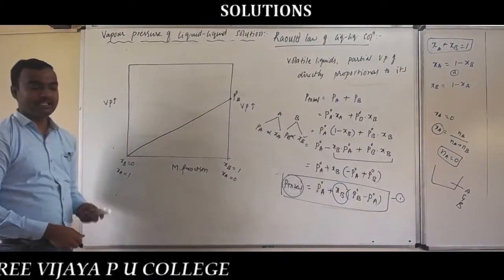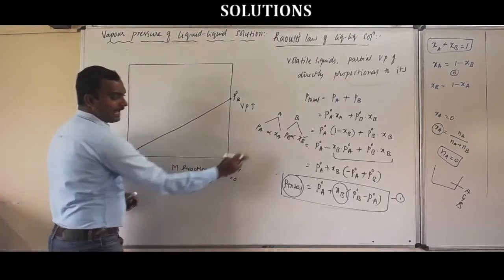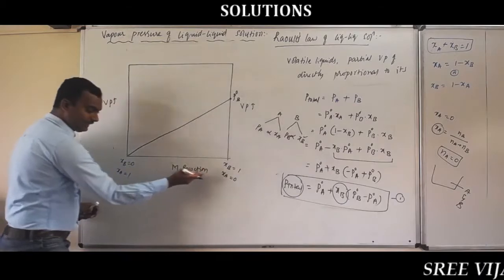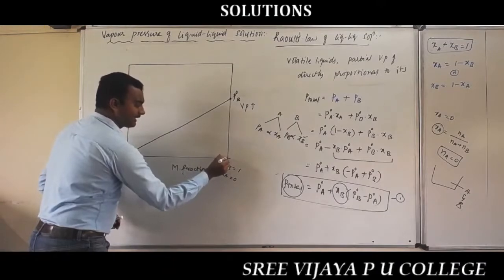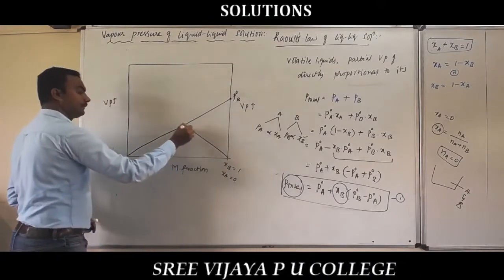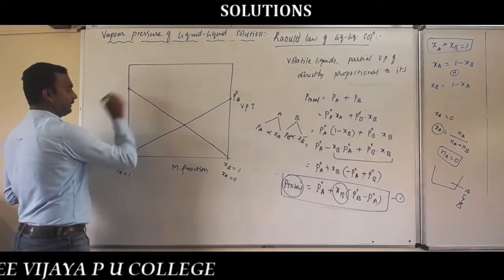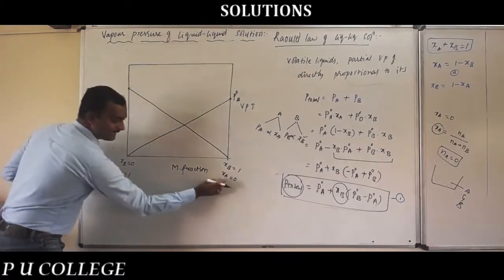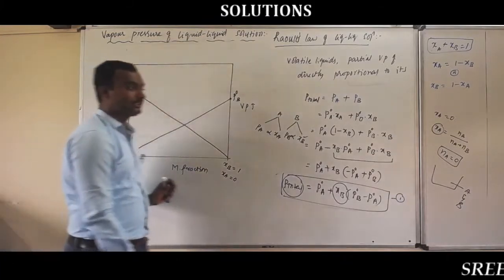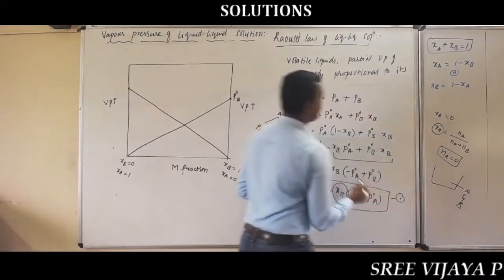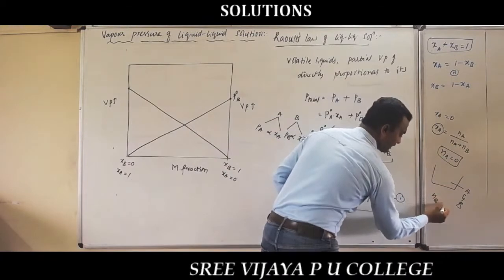Similarly, now coming to this side, xA is equal to 0 at this point. So what is xA? It is 0. xA and PA are directly proportional. As the xA value goes on increasing, coming this way, xA varies from 0 to 1. As xA increases, the PA value also goes on increasing and finally reaches this point. So see what the vapor pressure is at this point. xA was 0 here, so here what is xA? It is 1. If xA is equal to 1, what does xB become? It becomes 0. Since xB is 0, taking nB divided by Na plus Nb, the number of moles of B is equal to 0.